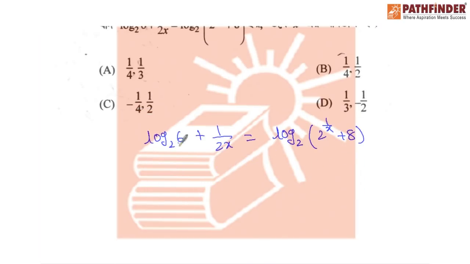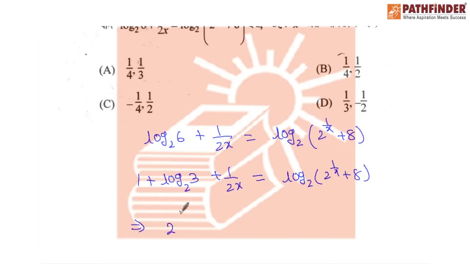This 6 we can write as 2 into 3. So 1 plus log base 2 of (3 + 1/2x) is equal to log base 2 of (2^(1/x) + 8).